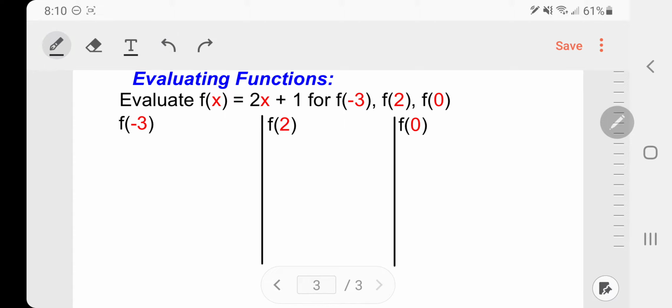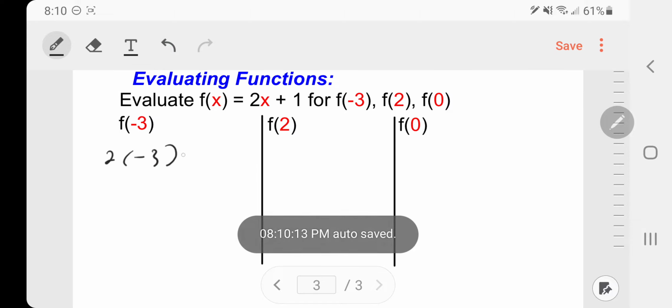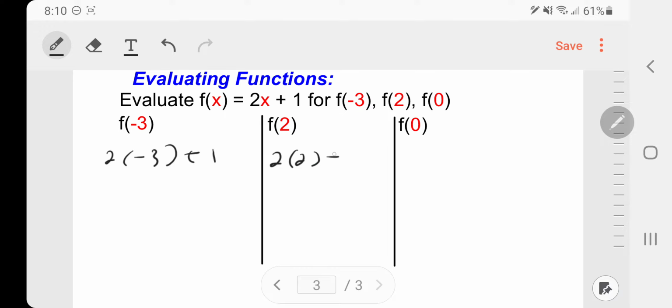And then we are inputting whatever value is here. So in this case, it is negative 3. So in this one, I would do 2 times negative 3 plus 1. Here I would do 2 times 2 plus 1, and here I would do 2 times 0 plus 1. So you can see the input here is changing for each of our questions.